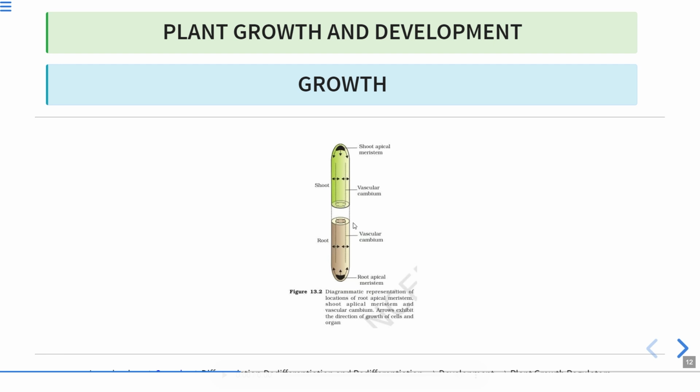Vascular cambium is present inside the vascular bundles, right? The cambium present in the vascular bundle divides and redivides and forms new layers of cells. That increases the girth of the shoot or the root. Okay.